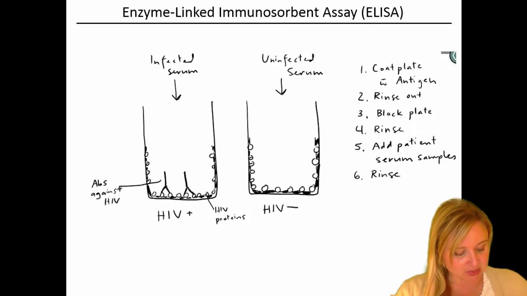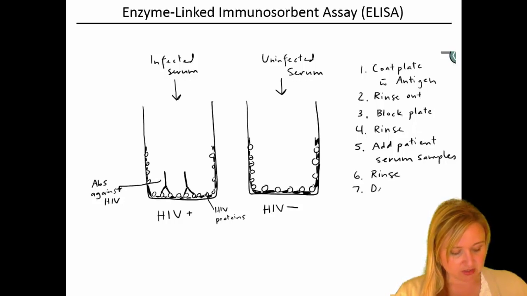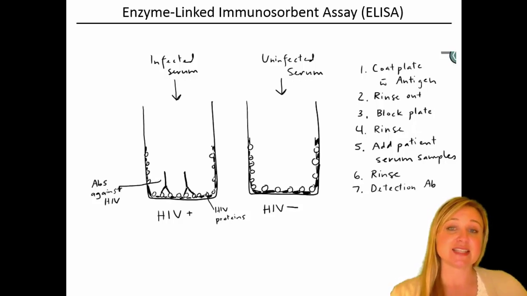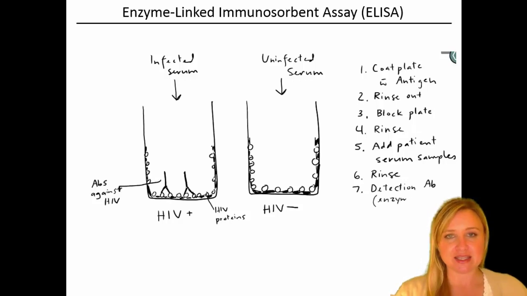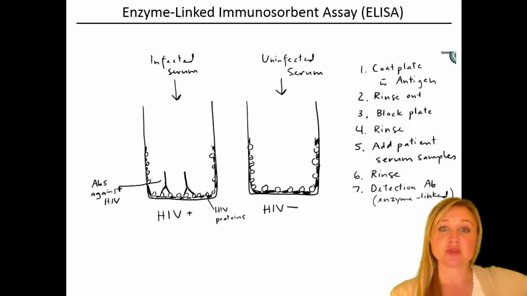So the next step is going to be to add in what's called a detection antibody. And that detection antibody is attached to an enzyme. That's why we call this enzyme-linked immunosorbent assay, because we're going to have immune stuff, antibodies, absorbed or bound to the plate.